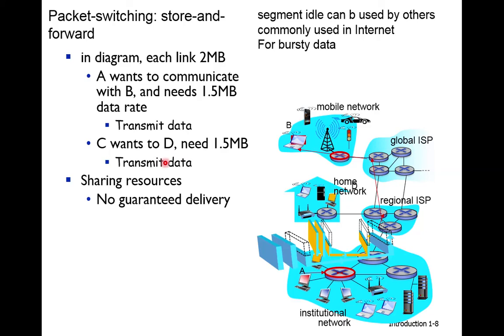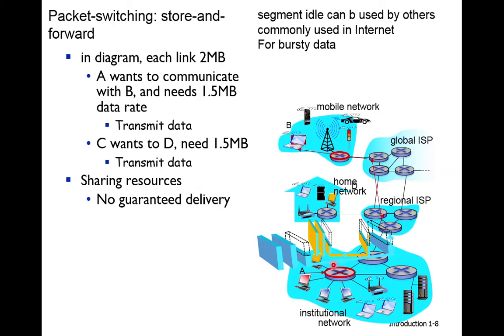Because in packet switching there is no circuit, no call, and no resource allocation, C will divide the data into packets, and each packet will have a destination and source address, and then C transmits the data to the router.